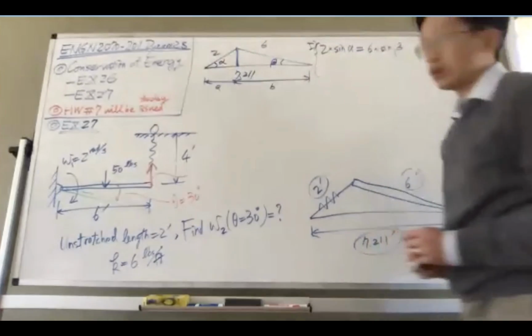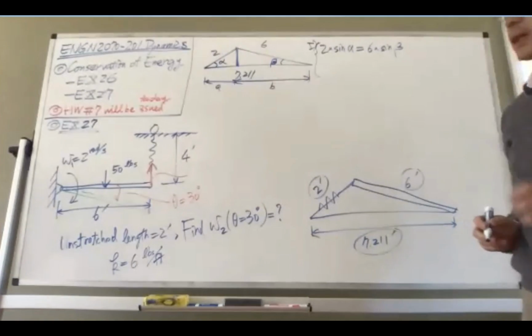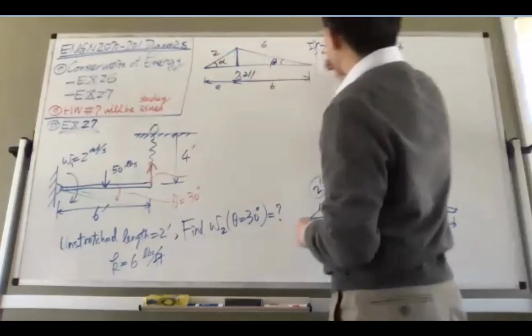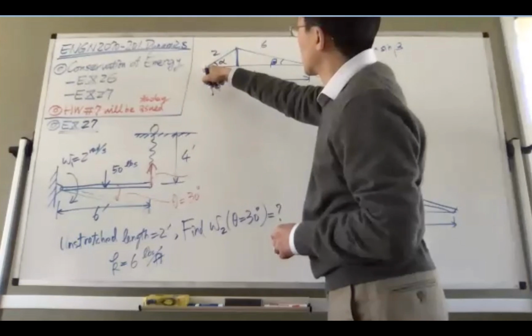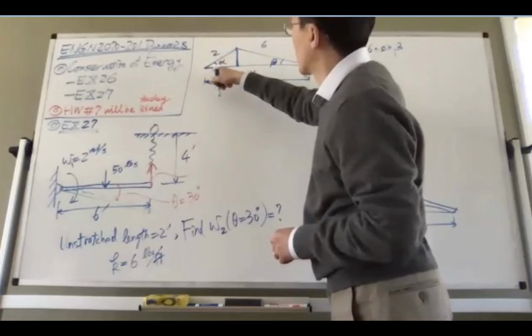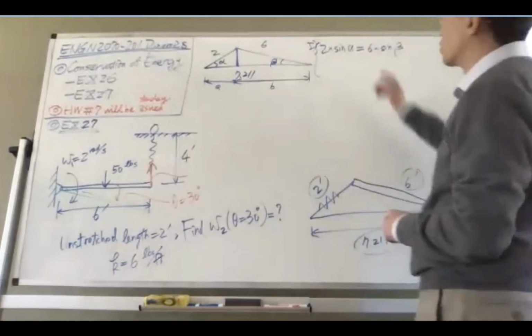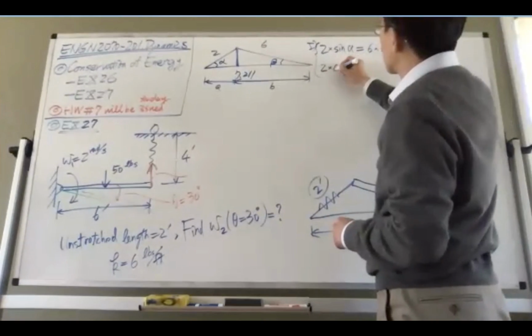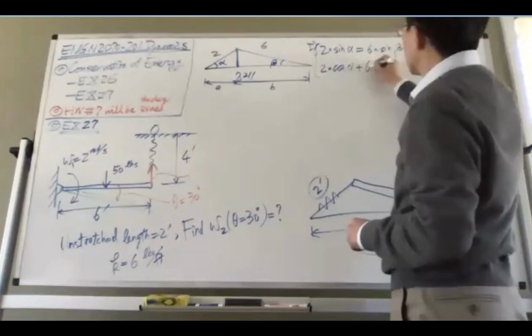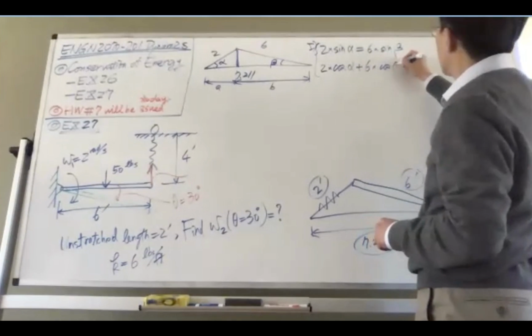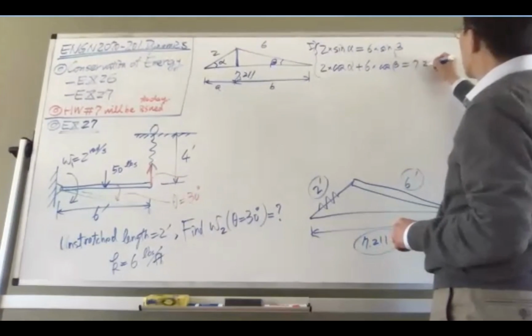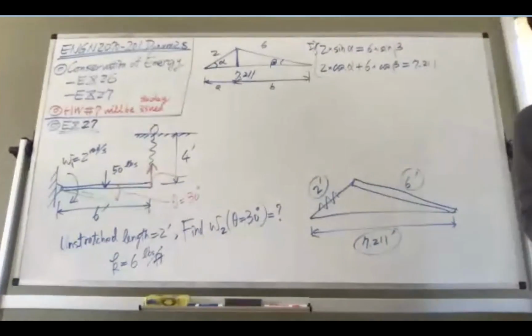The second condition you want to use is to make sure that the summation of this length, which is 2 cosine alpha plus 6 cosine beta, equals 7.211. So it's 2 cosine alpha plus 6 cosine beta equals 7.211. This is the first approach.